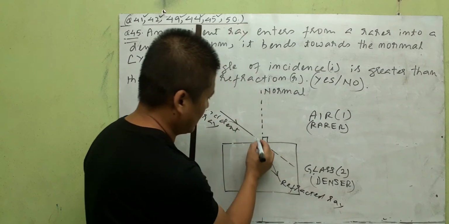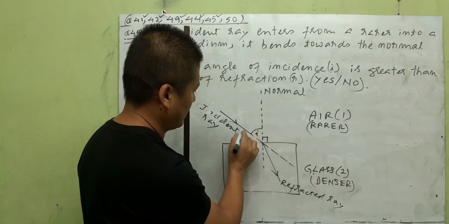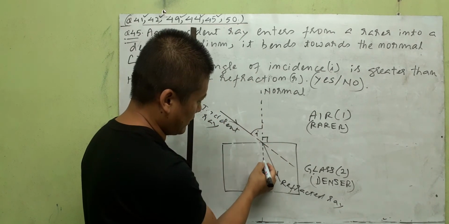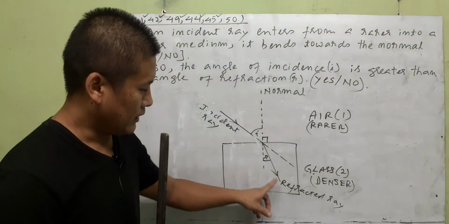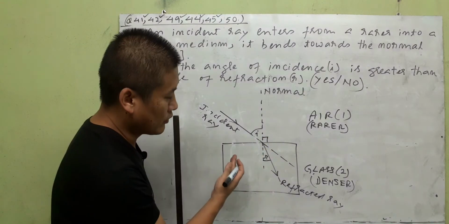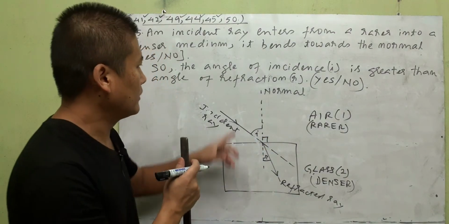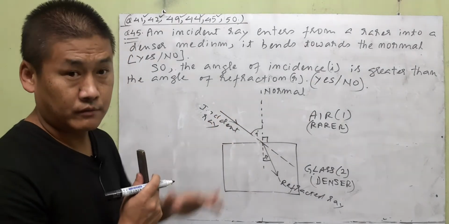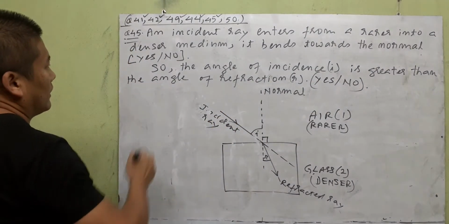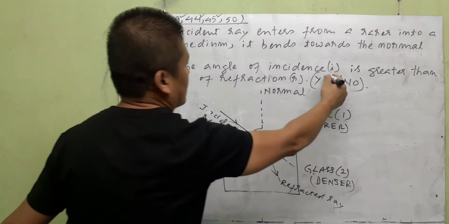Here is the angle of incidence between the incident ray and the normal, and this is the angle of refraction between the normal and the refracted ray. Because it bent toward the normal, the angle of incidence is greater than the angle of refraction. You know that, right? So here yes, and here yes.